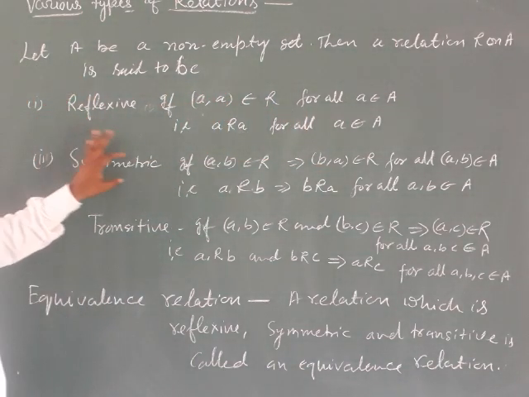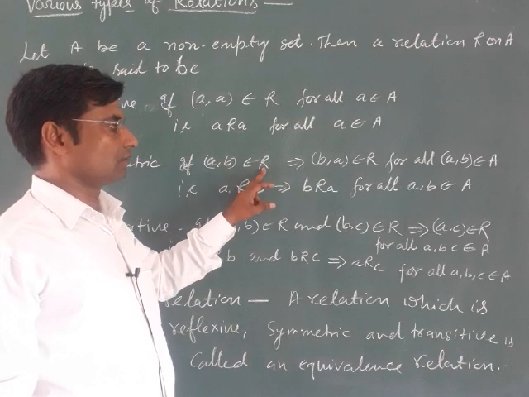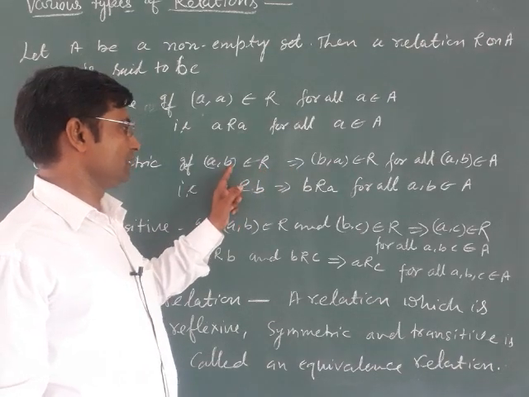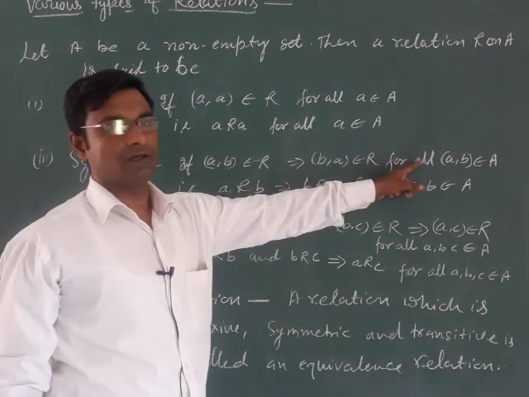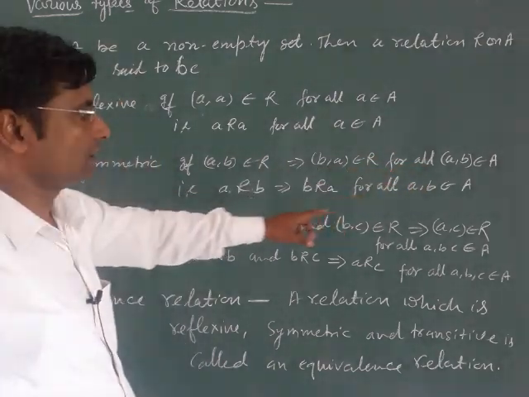For symmetric: if (a, b) belongs to R, it implies that (b, a) also belongs to R, for all a, b belonging to A.